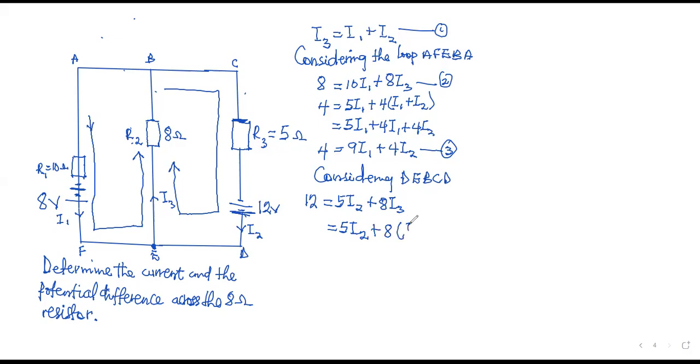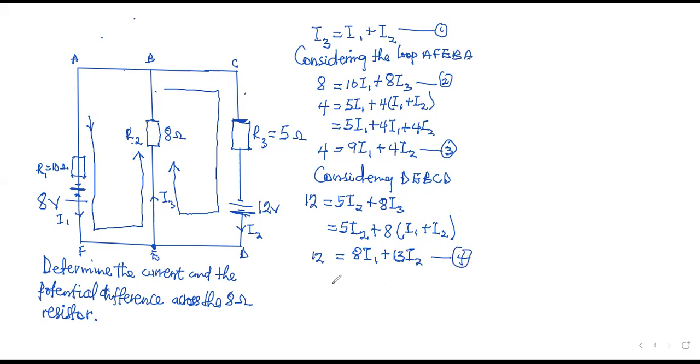I3 is I1 plus I2. So when we expand, we have 8 I1 plus 13 I2. And this is equation 4.